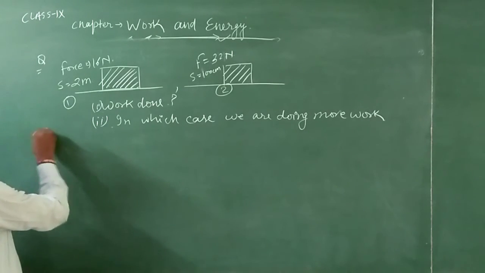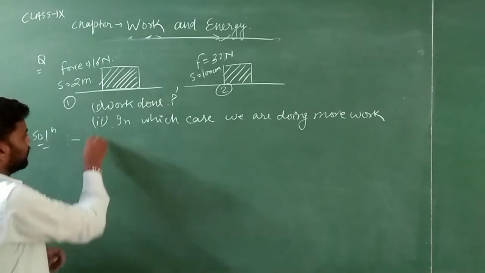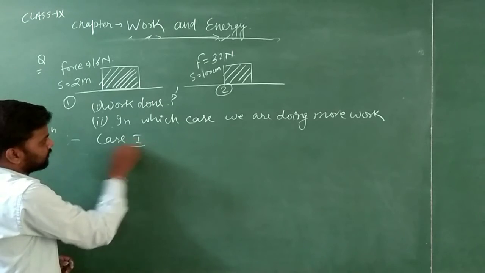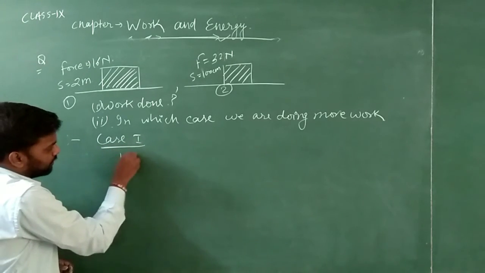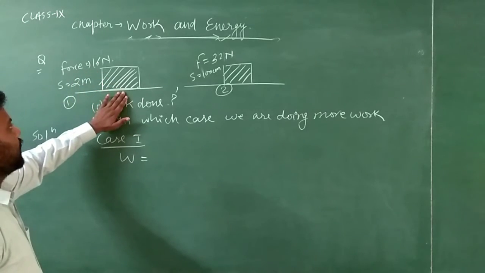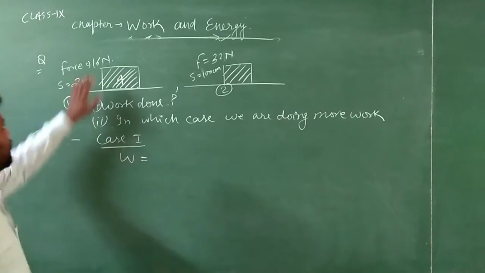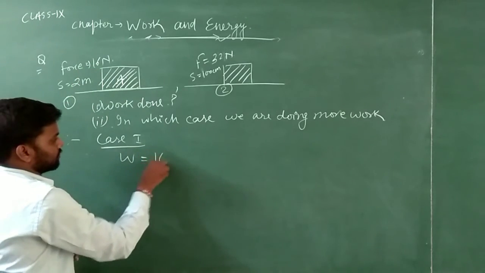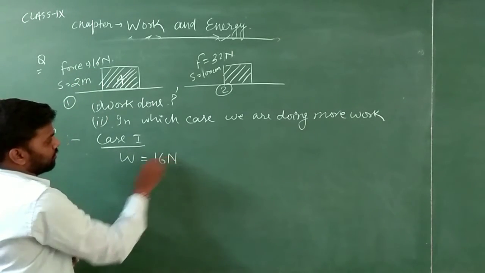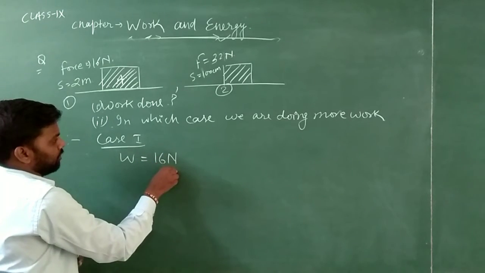So students, we can see from here that in case 1 we need to calculate the work done. What is the amount of force we are applying on object A? That is 16 Newton. It is the amount of force we are applying on the object.